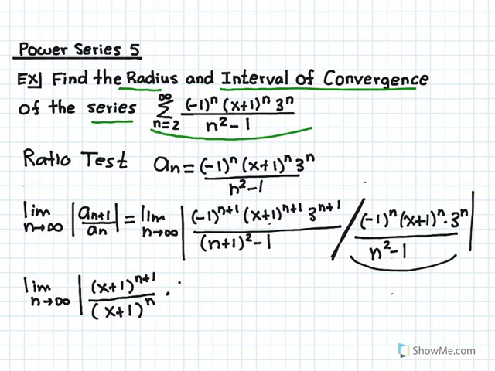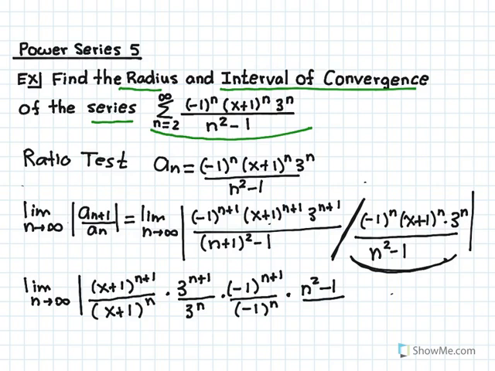Multiplied by 3 to the n plus 1 divided by 3 to the power of n, times negative 1 to the power of n plus 1 divided by negative 1 to the power of n, times n squared minus 1, because the denominator here flips and becomes a numerator, divided by n plus 1 squared minus 1.